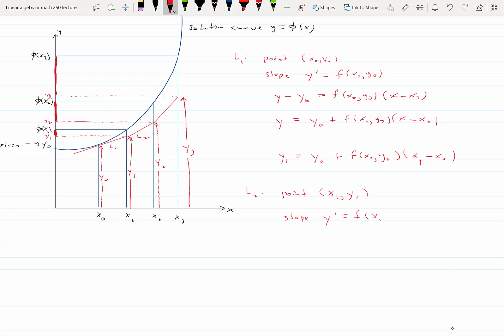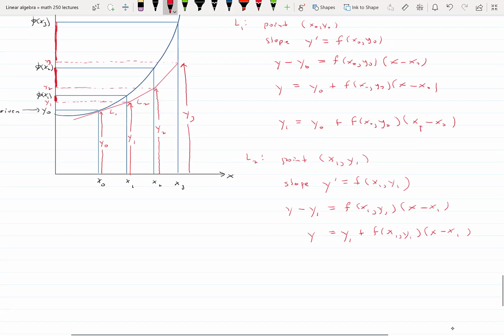It may. Okay. So f of x1, y1 is my slope. The equation of L2 then is y minus y1 equals slope f of x1, y1 times x minus x1. And solve for y. You get y equals y1 plus f of x1, y1 times x minus x1.